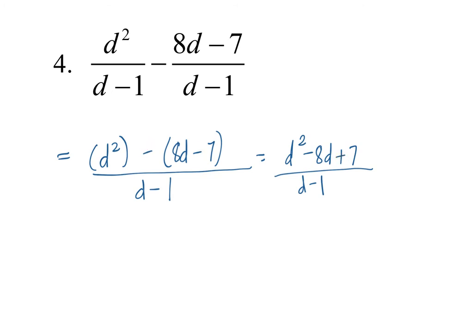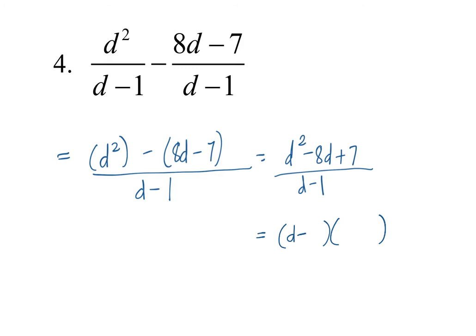So just to make sure our answer is fully factored so that if something can cancel, we will see it. Factors of a positive 7 that add to give us negative 8. Well, if your factors are giving you a positive number, they have to be the same sign. Since they're adding to give you a negative 8, they need to both be negative.